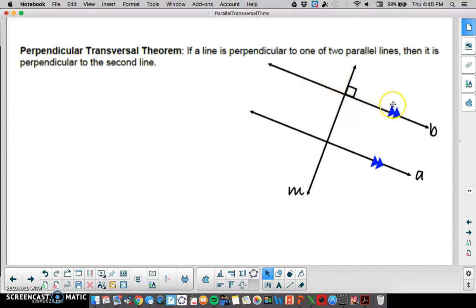So because we know M and B are perpendicular, we then know that we could put a little box here between A and M. We now know that A is perpendicular to M because those lines are parallel and M was already perpendicular to the first one.